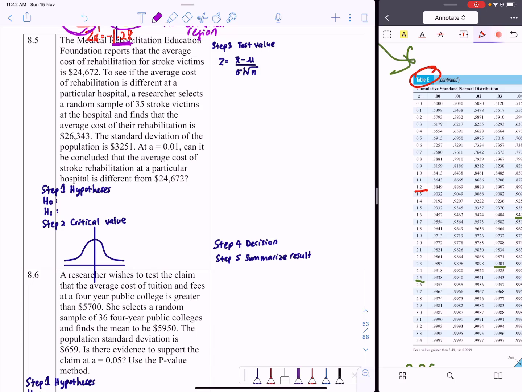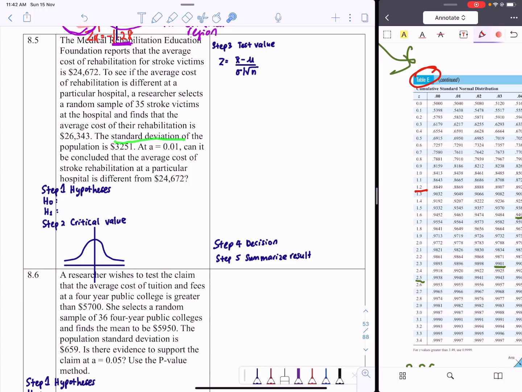The Medical Rehabilitation Education Foundation reports that the average cost of rehabilitation for a stroke victim is $24,672. To see if the average cost of rehabilitation is different at a particular hospital, a researcher selects at random 35 stroke victims at the hospital and finds that the average cost is $26,343.